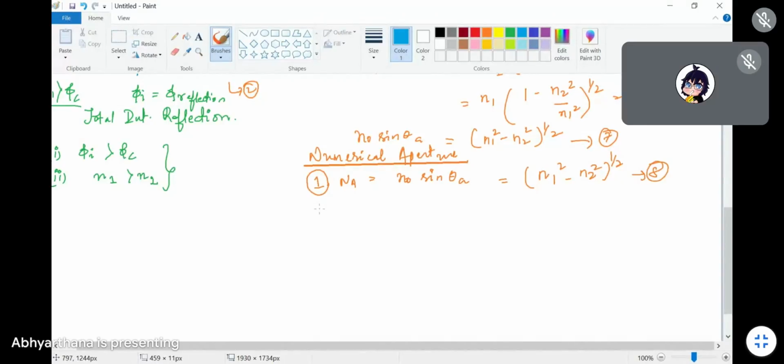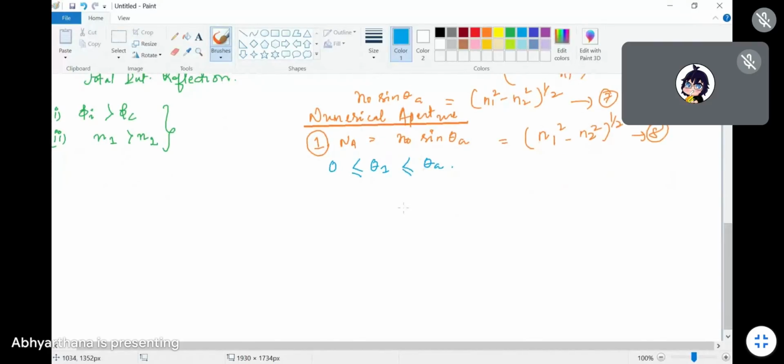Okay, and you have to keep in mind that the incident angle should be within this. The angle of incident should always be within this. Okay, within 0 and the acceptance angle, in order for the light to travel inside the waveguide. Now there is another function in which we can represent the numerical aperture, right? And that is based on the relative refractive index given by delta.